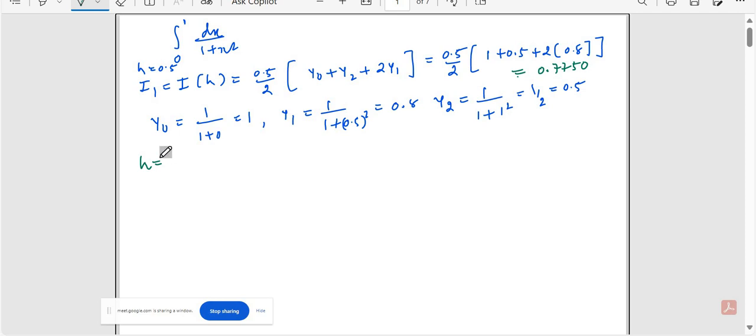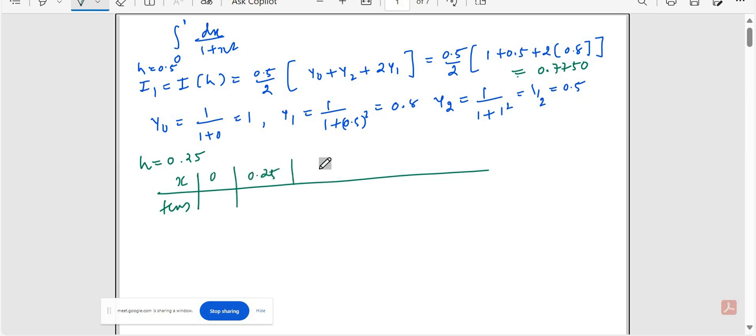Now tell me what is my second value of h? Anybody? 0.25. Yes, 0.25. So this is your table of x and f(x): 0, 0.25, 0.5, 0.75, and the last value 1. I have 3 values: 1, 0.8, and 0.5. Now find the 2 other values for 0.25.